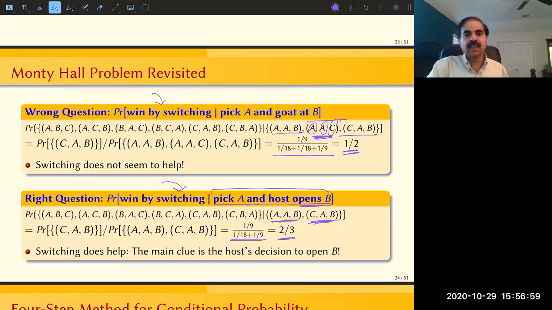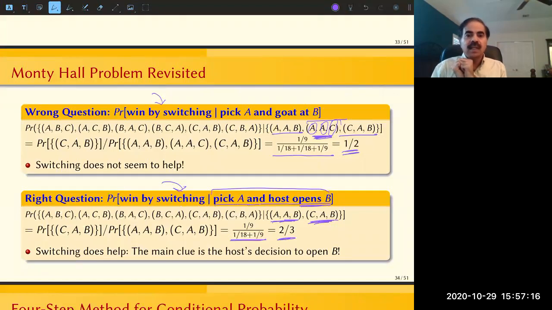And as a result, the probability that we are right and the host opens gate B is somewhat lower than when we are wrong and the host opens gate B, right?